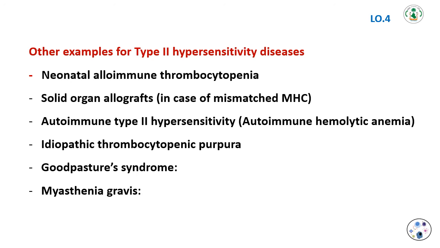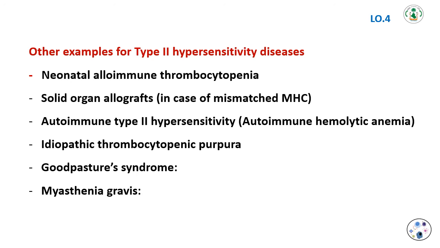Also in Goodpasture syndrome, a rare autoimmune disease in which antibodies attack the basement membrane in the lungs and kidneys, leading to bleeding from the lungs and kidney and leading to kidney failure. Also in myasthenia gravis.